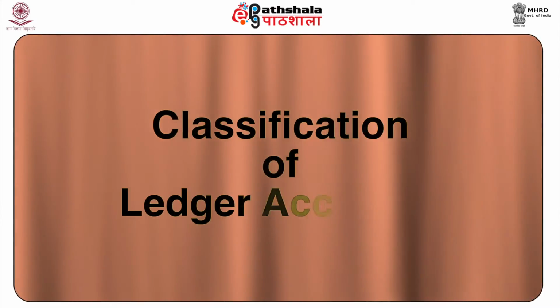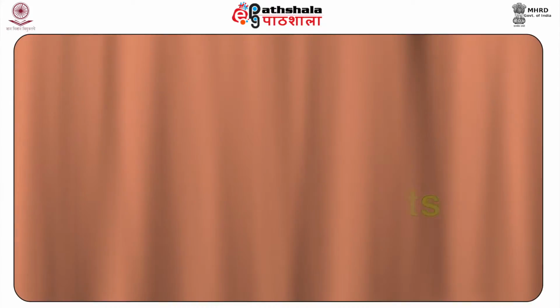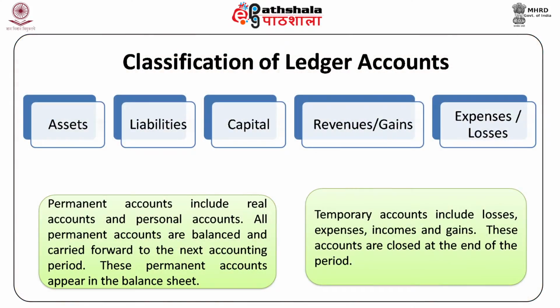Classification of ledger accounts. Usually, all the ledger accounts are classified into 5 categories: A. Assets, B. Liabilities, C. Capital, D. Revenues/gains, E. Expenses/losses.